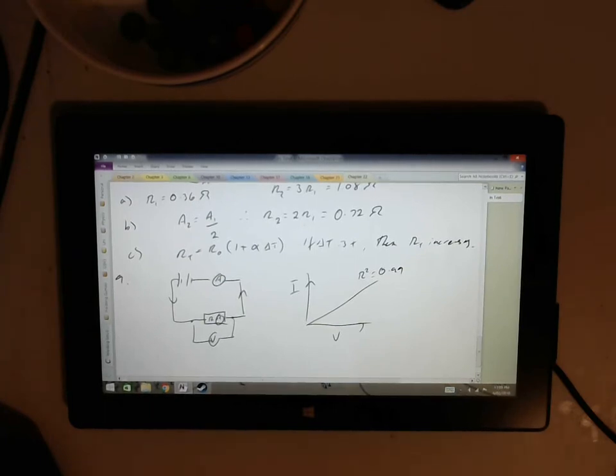We need to determine the resistance at all points. Okay. Because it's almost a straight line, we don't really need to calculate every one. We can get a general resistance.